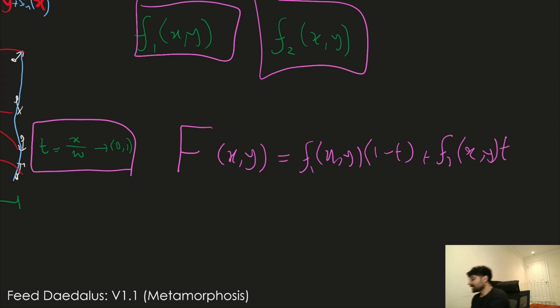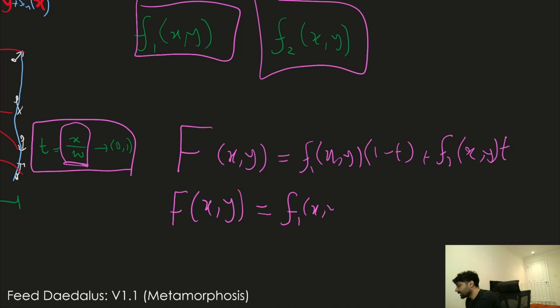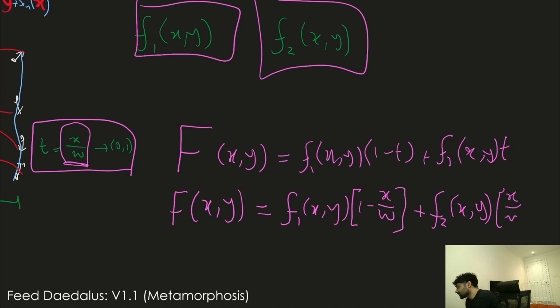But remember, t is just what we defined earlier as x over W, so the function f of x, y is just equal to f1 of x, y times 1 minus x over W, plus f2 of x, y times x over W. So that's the general formula for this.